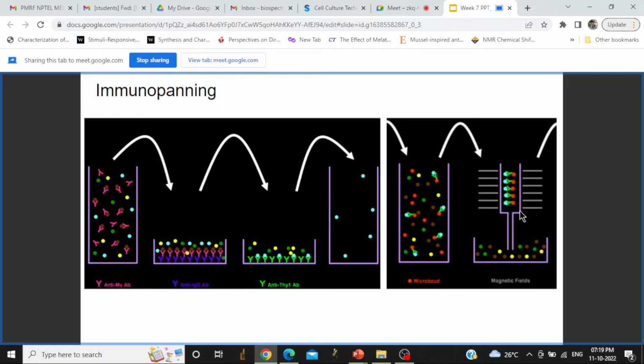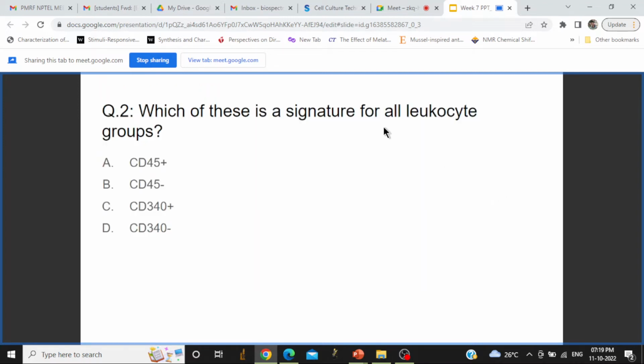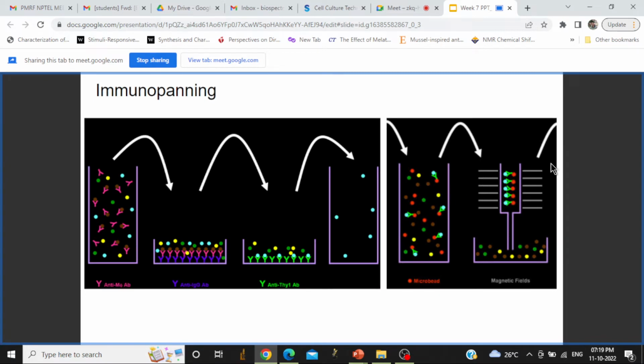After that we will pass them through this tube, and this tube also has a magnetic field attached here. Because of this magnetic field, and as these antibodies are attached to the cells and have the nano magnetic particles, they will remain adherent to the magnet because of the magnetic force of attraction.